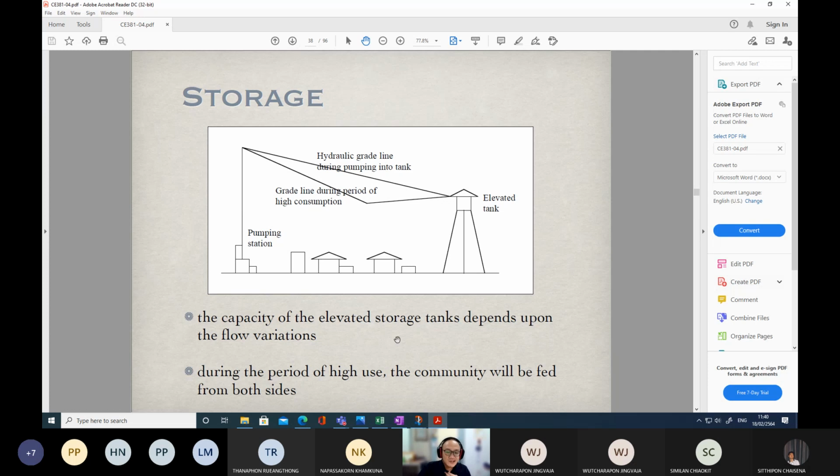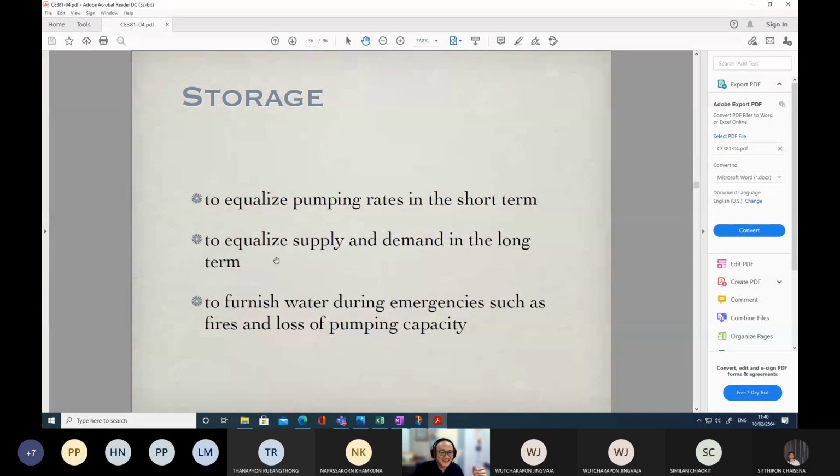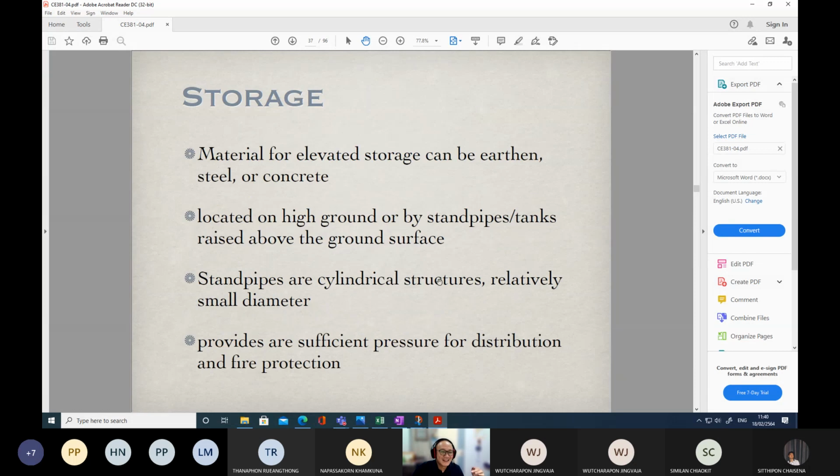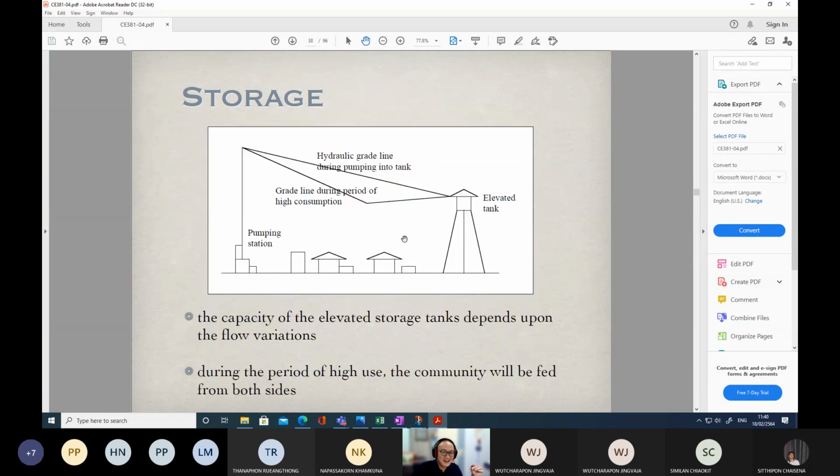So the capacity, or the size, of the elevated tanks, the storage tanks, is used not only for equalizing supply and demand, but also for maintaining the hydraulic grade line like this.